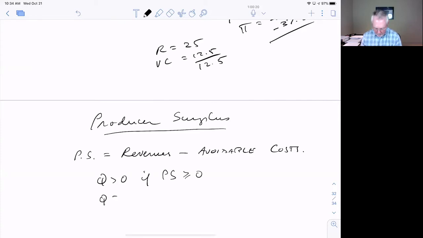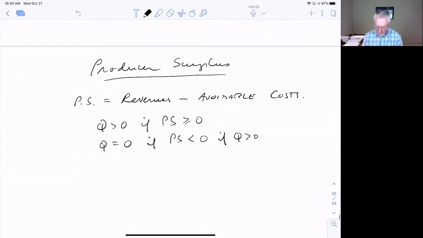Q will be equal to 0 if producer surplus is negative. That is to say, if the firm were to operate and it was not able to cover its avoidable costs, then producer surplus would be negative. So maybe let me add a Q positive there.